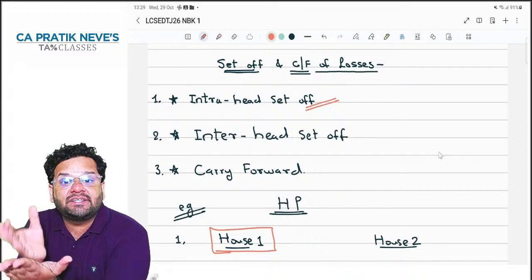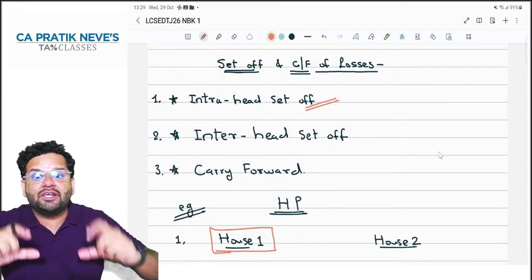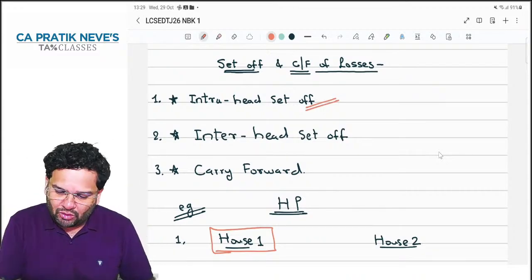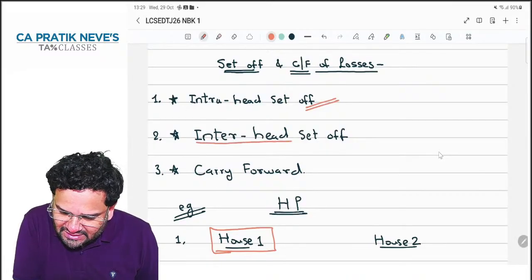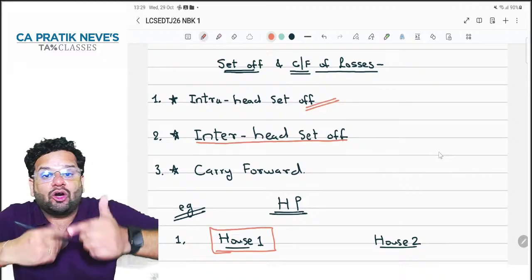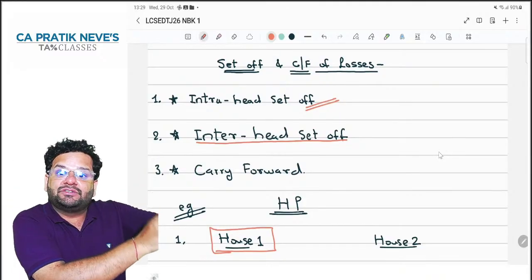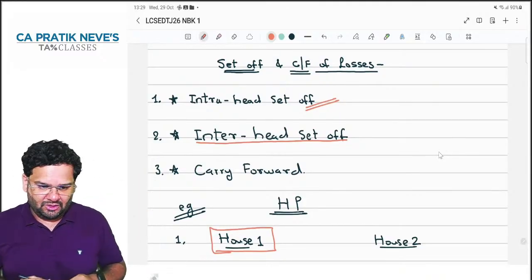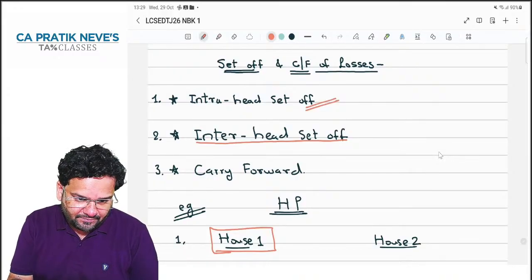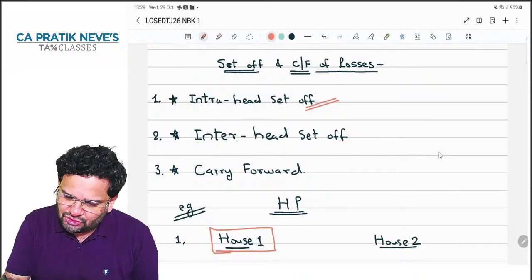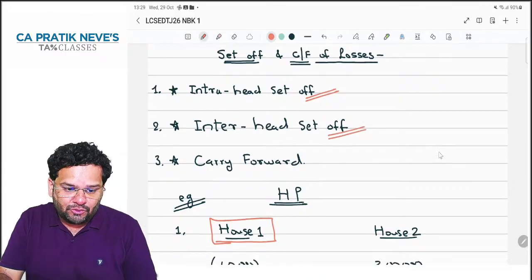But after intra head set off, if any loss is still pending, then what will I do? Inter head set off. Inter head set off means set off with income of another, different head. Getting it? So first you will do intra head, then you will do inter head.